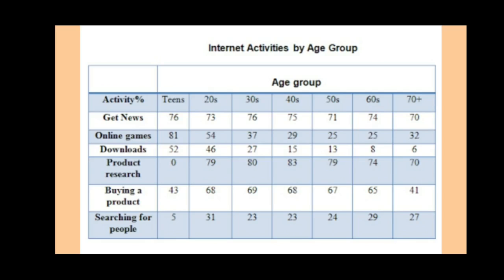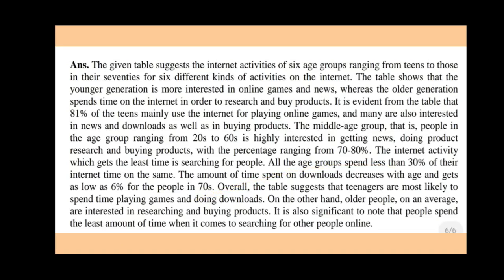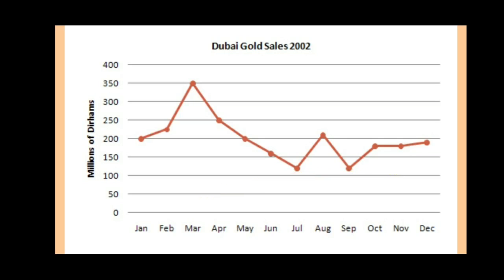So the introduction line is very clear. Now you have to write the details and quantities, comparison between each other, and then conclusion. This is the answer. You read carefully and write yourself. Next is about Dubai gold sales 2002.